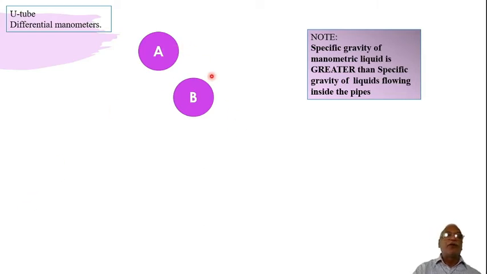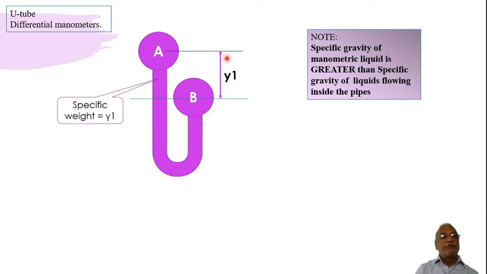I have drawn pipe A and pipe B connected. They are at different levels. The level difference is represented by Y1, the vertical level difference, connected with a U-tube manometer.